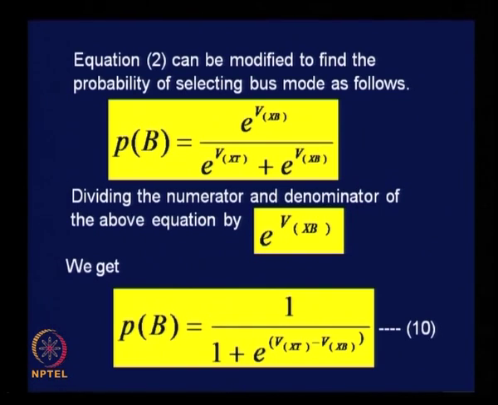Once you get P of b, 1 minus P of b is P of t, isn't it? So that is how we can transform the logit model into a simple linear regression equation for a binary choice situation, and for a given situation we will be able to estimate the probability of choice of any mode, right. Once you know the travel time difference, travel cost difference, the distance implication, as per this model it should be possible for us to find out the probability of choice even for any given future situation.